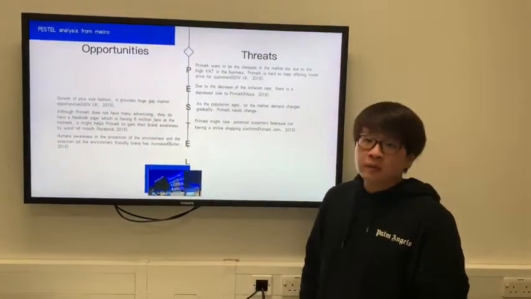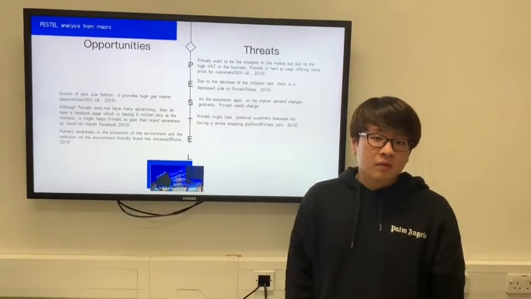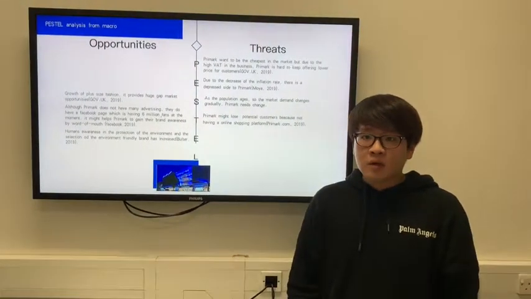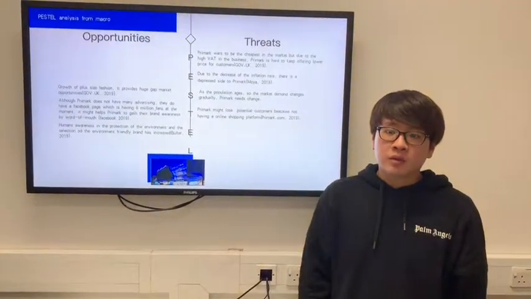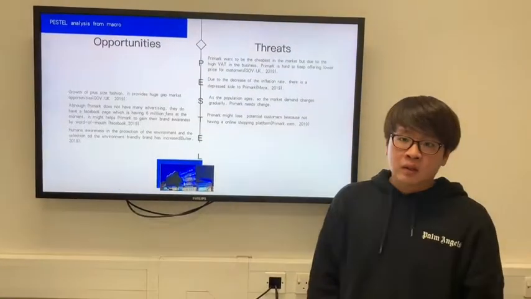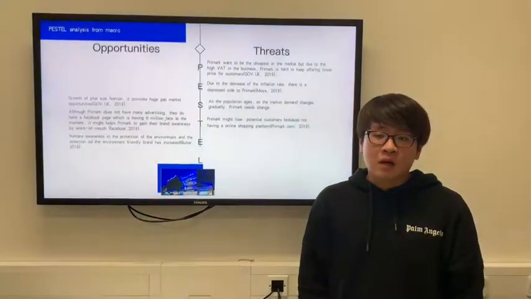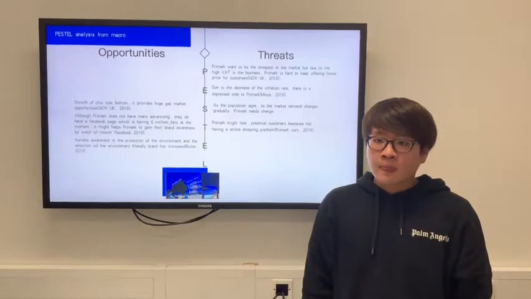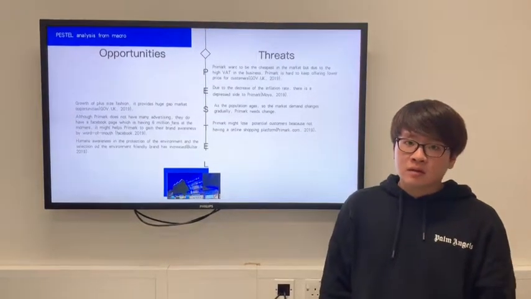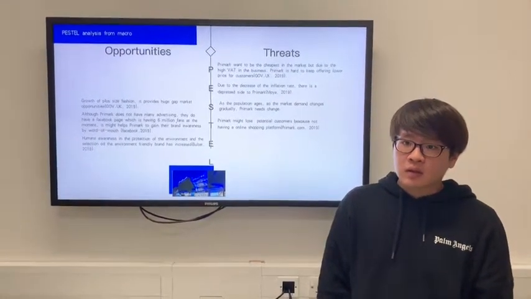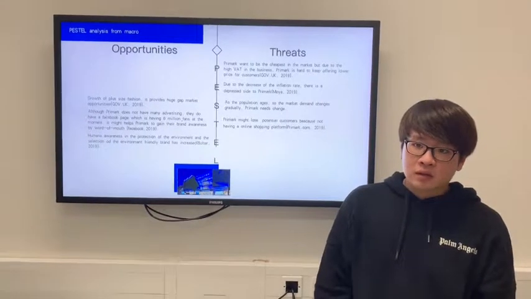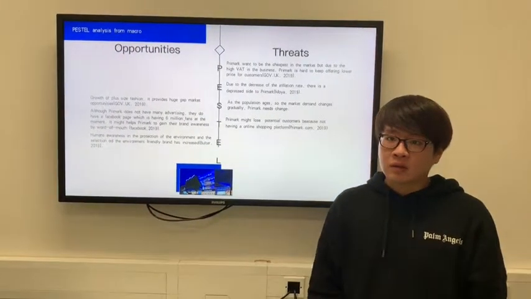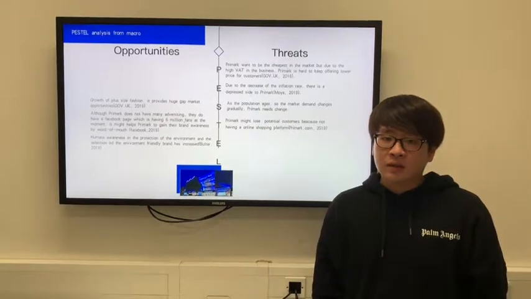First of all, in the political factors, although PRIMARK has always wanted to be the cheapest clothes retailer, because of the high VAT problem they can't keep offering lower priced products to customers. It is so difficult, and this will be a threat.